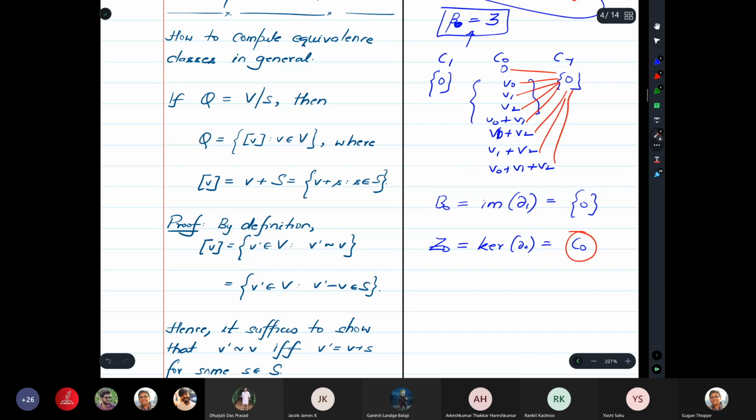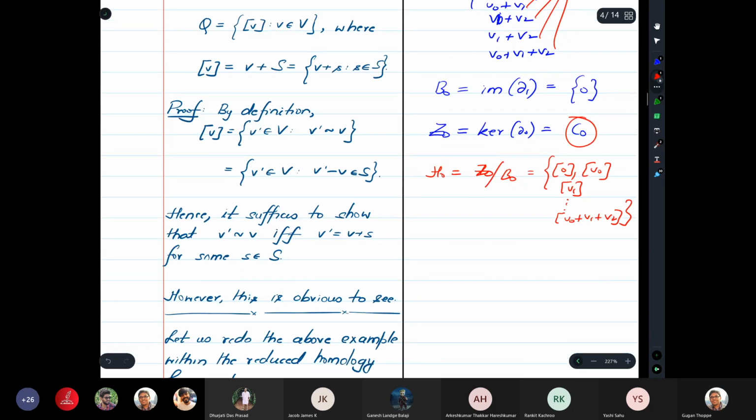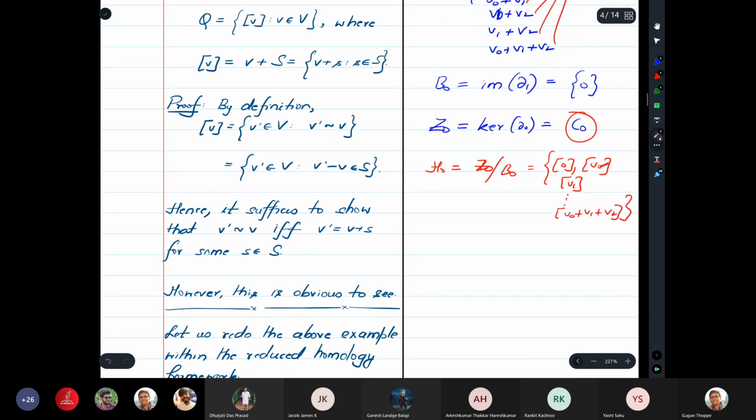And now we can compute what is H0, right? This will be Z0 quotient with B0. And I hope you agree that you will end up with something like this, all the way up till V0 plus V1 plus V2. And a similar calculation as we did before will show you that all these equivalence classes will be different. Right?